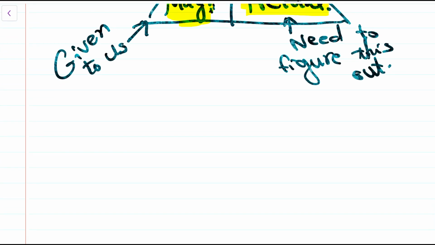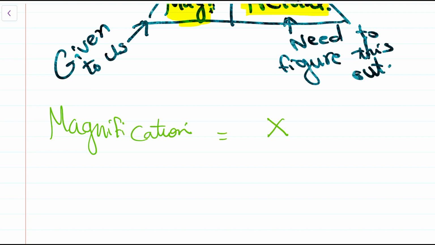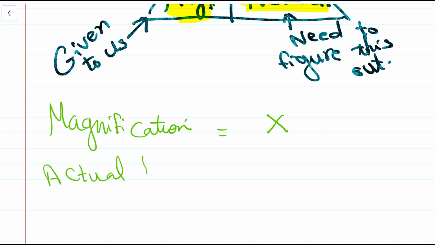Okay, for magnification, what are the units? The magnification unit is times, and usually it's found before the number, not like the other units. We usually use the units after the number itself, but in the case of magnification we use the unit before the number. Actual length is in millimeter or micrometer.